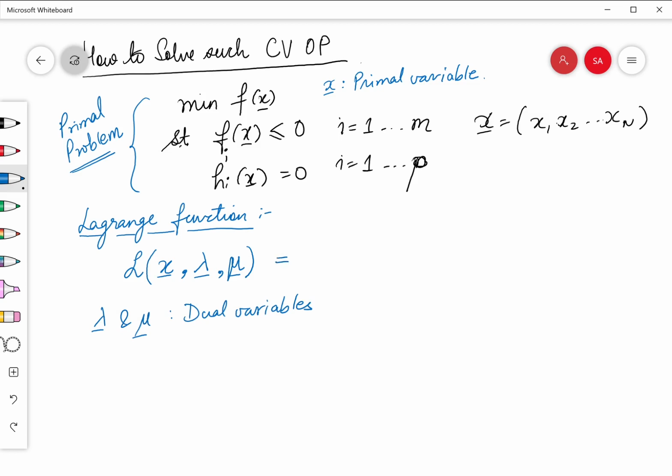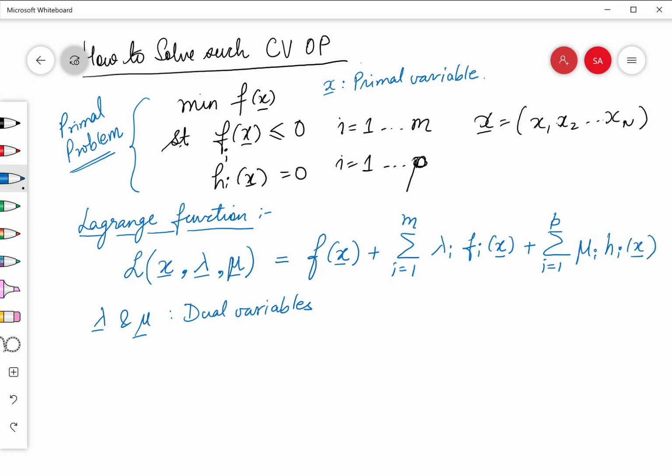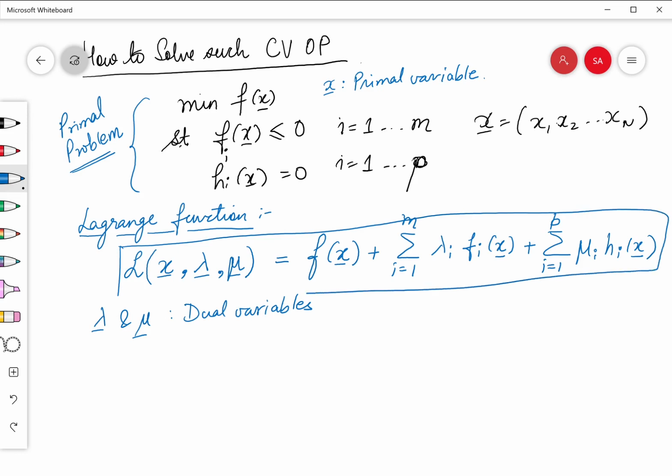We form it as follows: f of x plus summation i goes from 1 to m lambda i fi of x plus summation i goes from 1 to p mu i hi of x. We call this the Lagrangian.